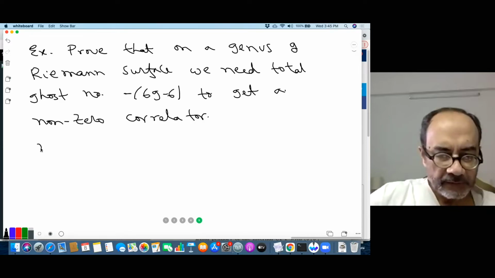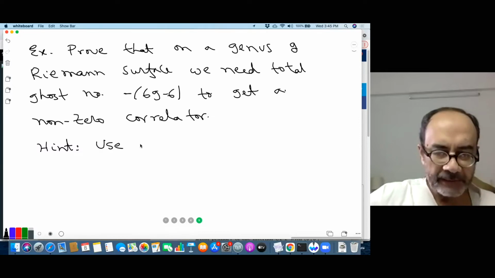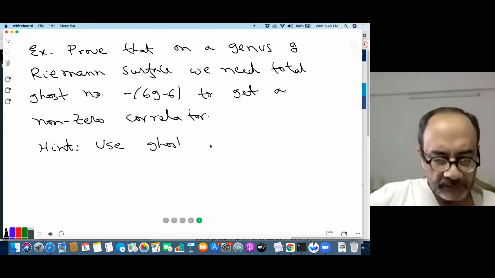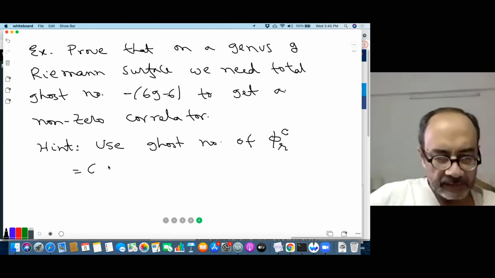And the hint is that you have to use plumbing fixture to build these genus G correlation functions, and you use the fact that the ghost number of phi r c is 6 minus the ghost number of phi r.